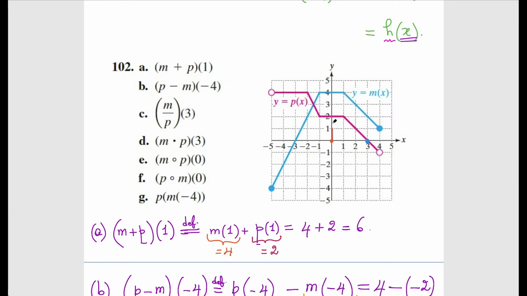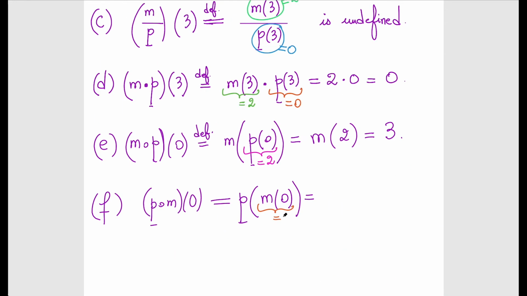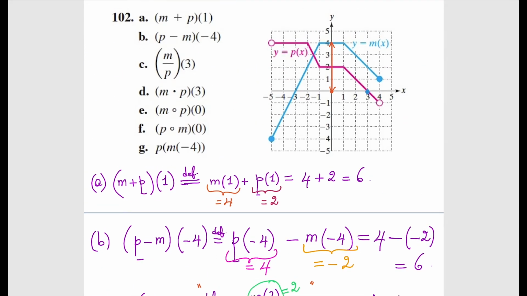M of 0 is this height, right? That's M of 0. And how much is it? That's a 4. Correct? So that's a 4. And then this becomes P acting at 4. And let's see what P outputs when the input is 4. So let's clean up. P acting at 4, right?